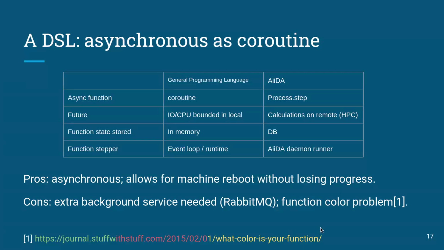This perspective comes from a blog post I read. In general, there's a problem in async IO programming: you have an async function and a synchronous function, and you need to call each other. Then you need to mix these two kinds of code, and it becomes a little bit nasty.